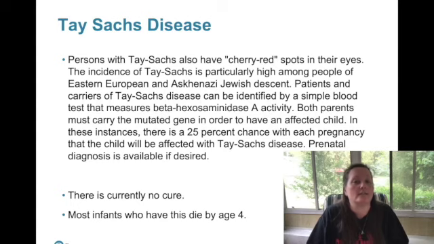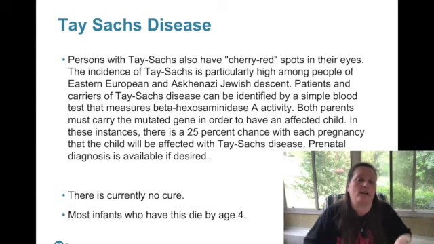Patients and carriers of Tay Sachs disease can be identified with a simple blood test. So they just check it in order to see if both parents carry this gene, because both have to carry it in order to have an affected child. When we get farther in this quarter and we cover genetics and we do the Punnett square, you will see that it's basically a 25% chance of having a baby with Tay Sachs, but both parents have to carry the gene.